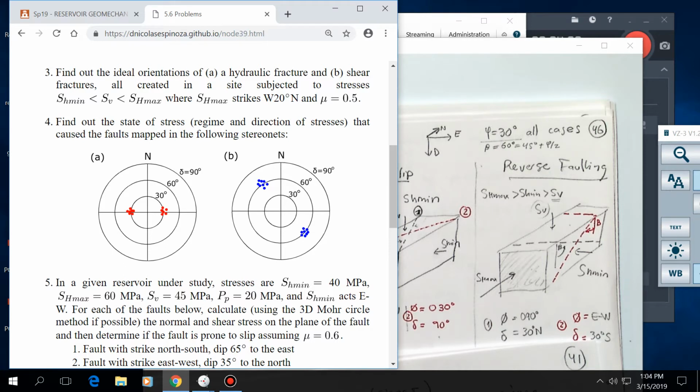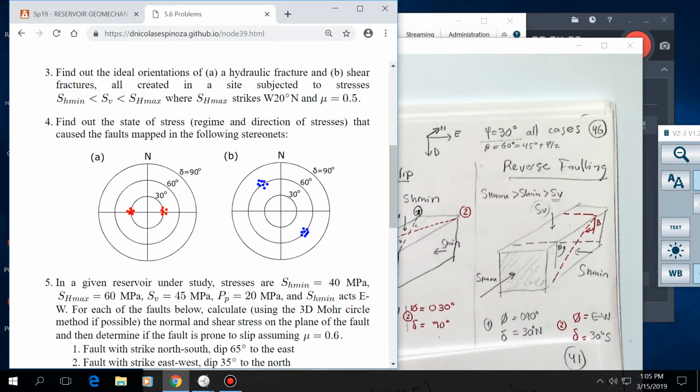So after you see the faults and you see that these faults are gently dipping, very likely those will be reverse faults. If they are steeply dipping like this one of 60 degrees, then it's most likely that these are going to be normal faulting.